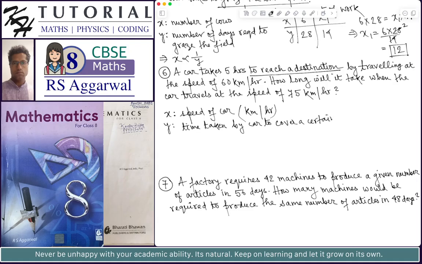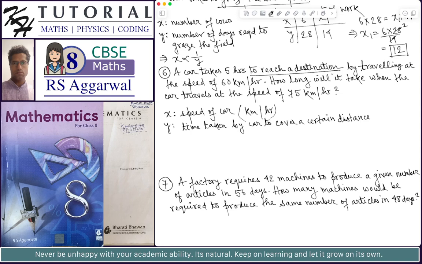In this problem, it is to reach a certain destination. The destination is the same, to cover a certain distance. So every time you are changing the speed of the car, the time taken to reach the destination is changing, but the distance of the destination is remaining constant.